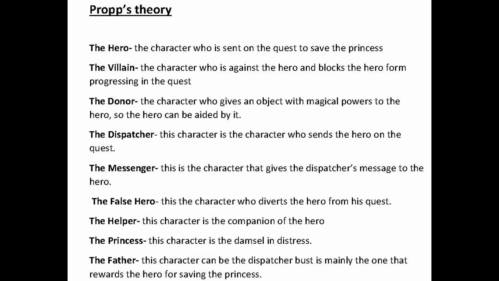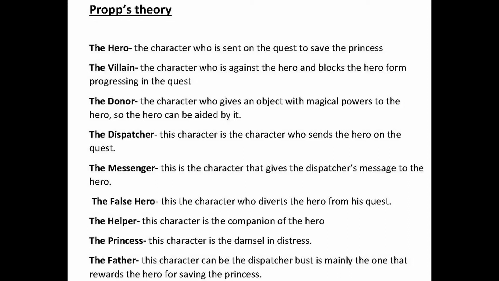The father in prop theory can be the dispatcher. However, he is never the person to actually give the message, never the person to actually make sure that the hero receives the message. That's the messenger's job.